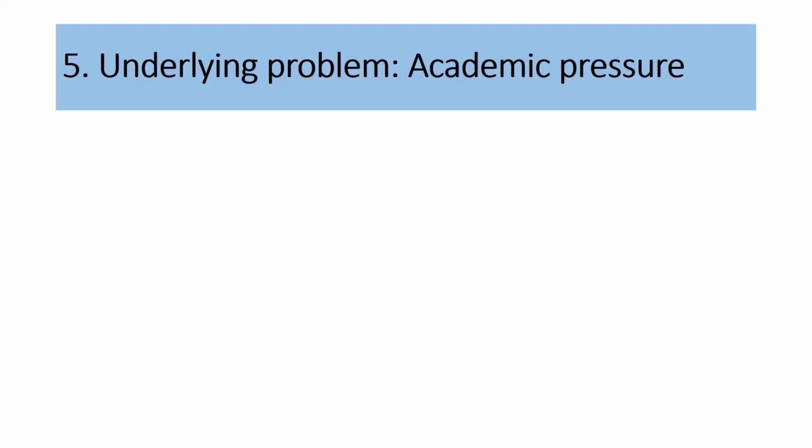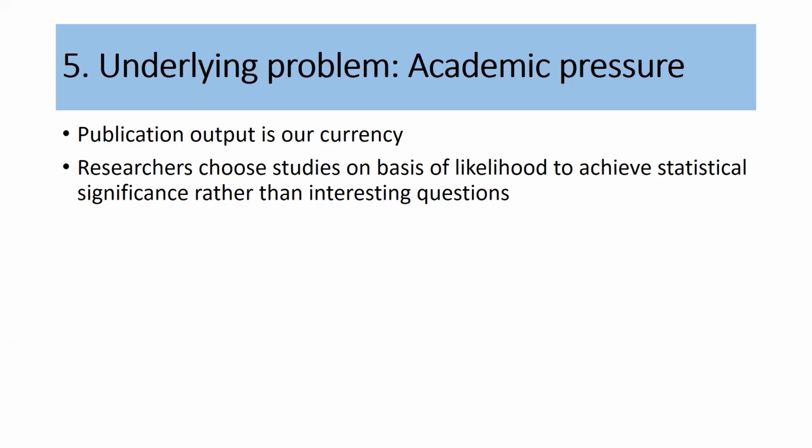So getting on to the fifth problem, which I think is the underlying problem for all of this, and that is academic pressure. To understand this, we should first consider the nature of the academic industry in which research takes place. Reward is largely driven by publication output, which leads researchers to choosing to do studies that they know will lead to statistically significant results, rather than studies that are actually interesting, novel, or urgent questions to answer.